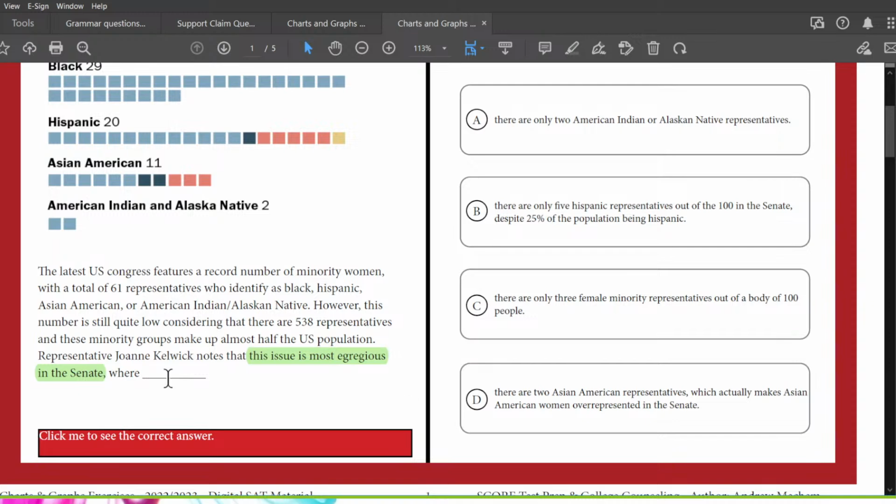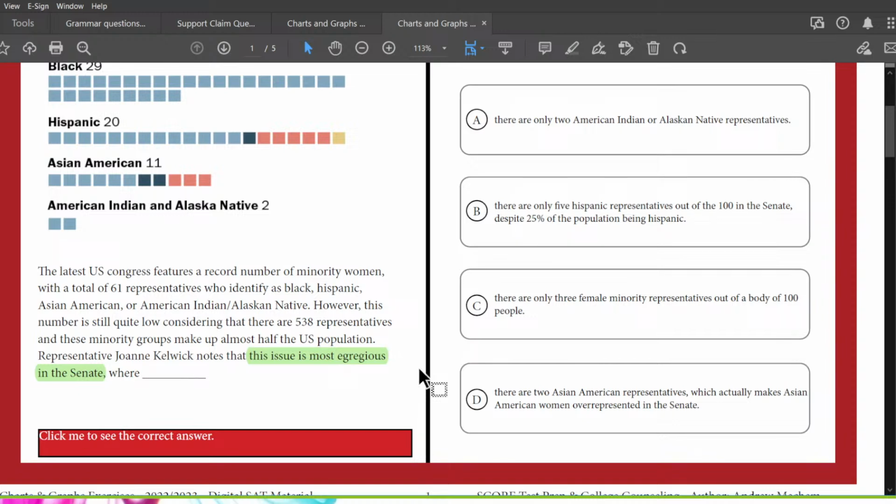Right. But the thing is, and this might be a piece of information that doesn't make sense if you're not familiar with U.S. politics, but there are 2 parts of the Congress, right? One part is the Senate, one part is the House of Representatives. So this being an American style test, they often have some things related to U.S. politics that might assume you know some of those things.